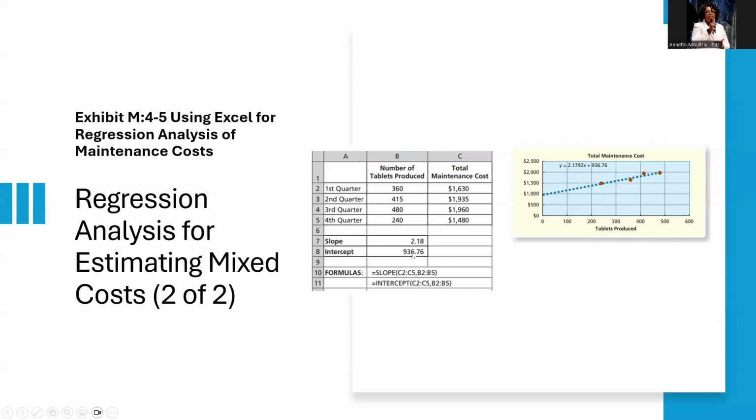So in cell B8, you would enter that formula. Okay, the intercept formula. Whereas in column C, 2 through 5 are the y-axis amount, the costs. And then you will have to format it to the 2 decimal format.